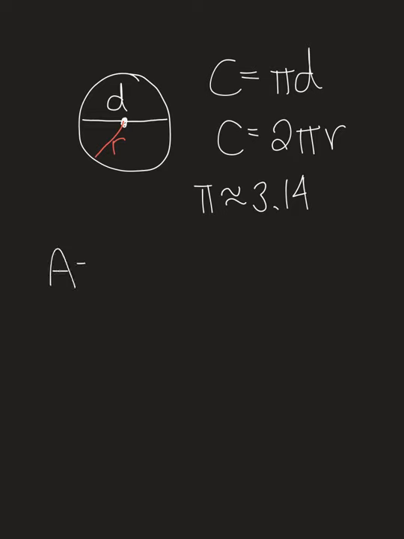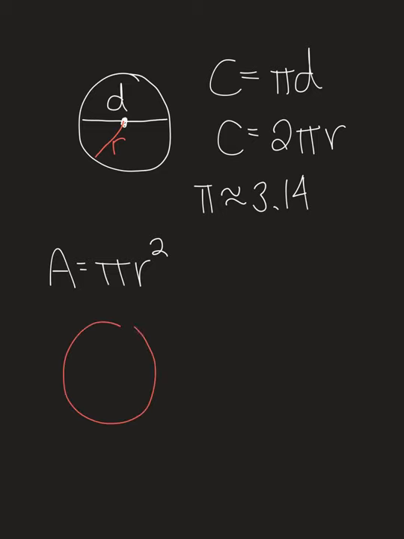For the area of a circle, then you have to use the radius. So you have pi r squared. So if you're given the diameter in that case, make sure that you always cut it in half first and then find your answer. So let's do a quick example here.